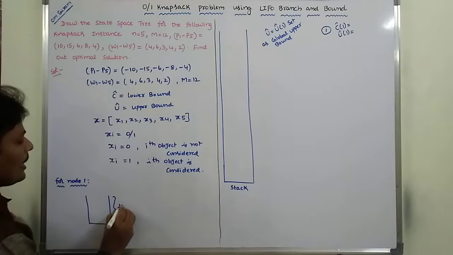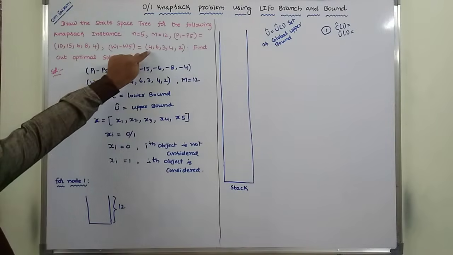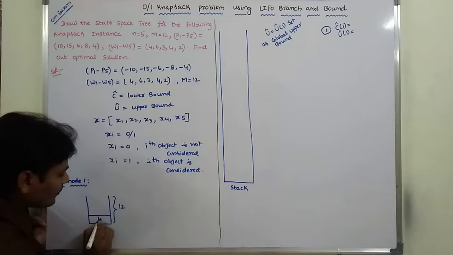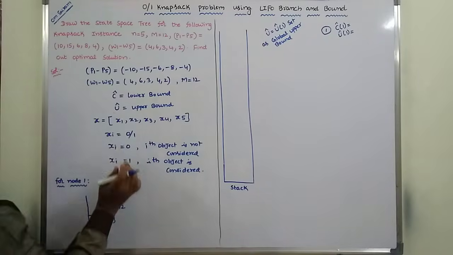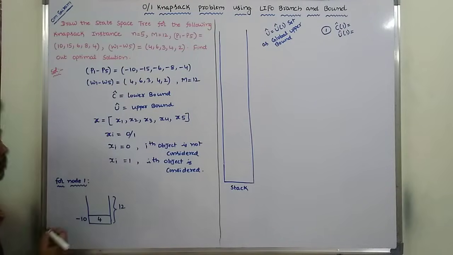The capacity of the knapsack is 12. First we place the first object into the knapsack. Its weight is 4, which is less than the capacity of the knapsack. The corresponding profit we get after placing the first object is minus 10. What is the remaining capacity? 12 minus 4, 8.